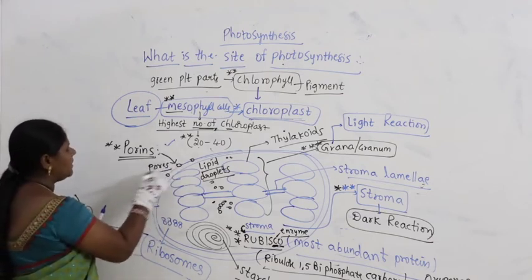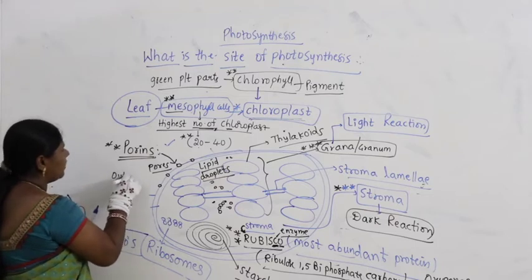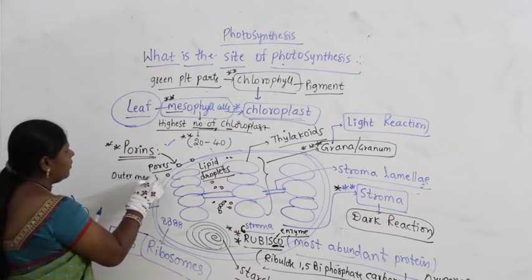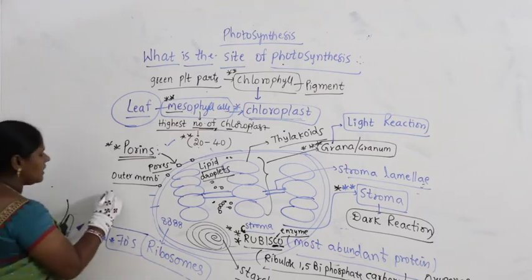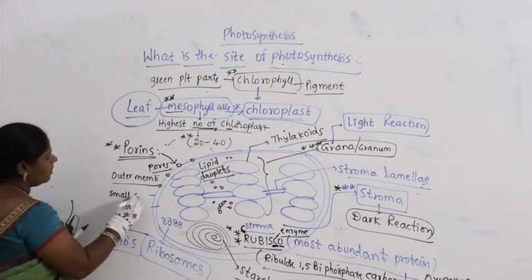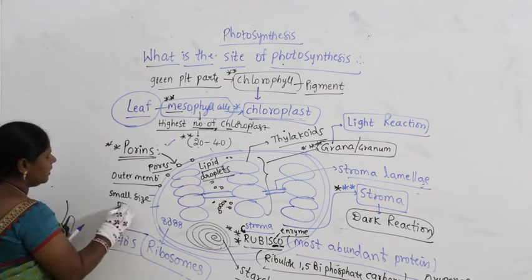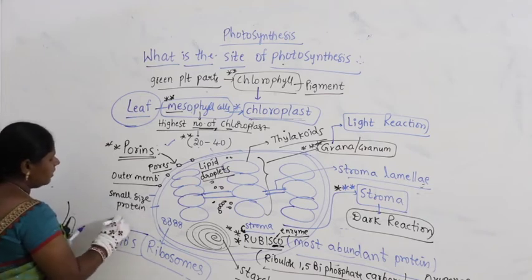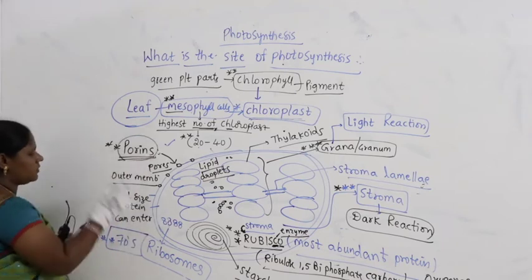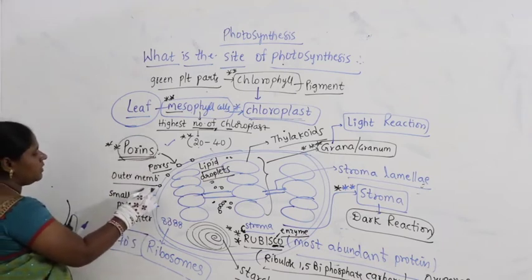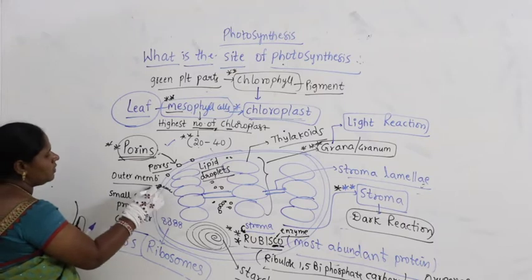Where are the pores present? In the outer membrane of the chloroplast, through which a small size protein can enter. They are called as what? Porins. So, this small size protein can easily enter through the porins.